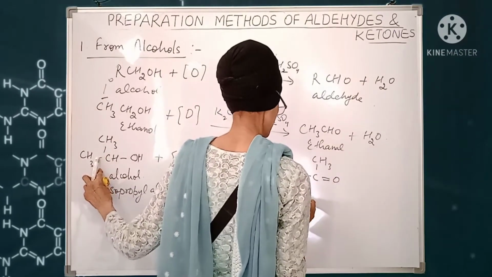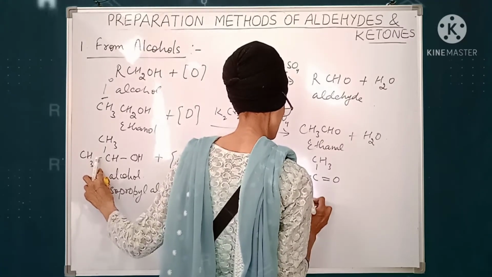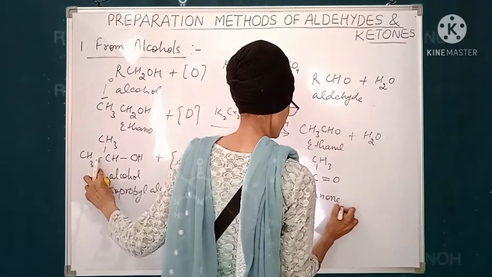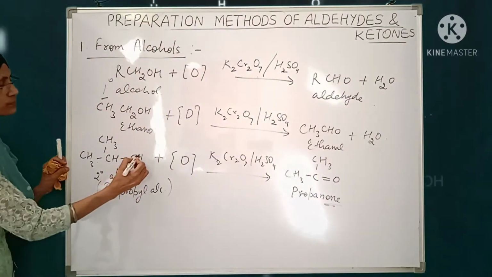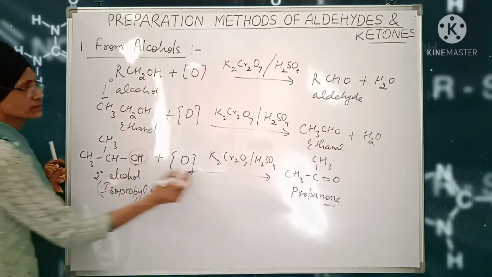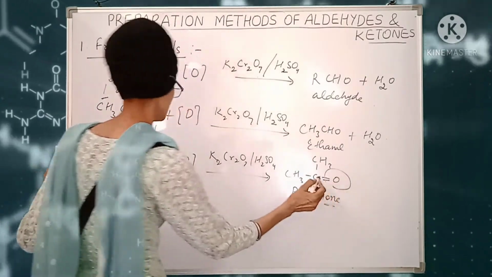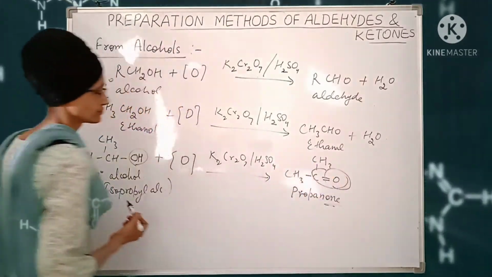So here we are getting acetone or propanone, which is a ketone. So this alcoholic functional group changes now to ketonic.